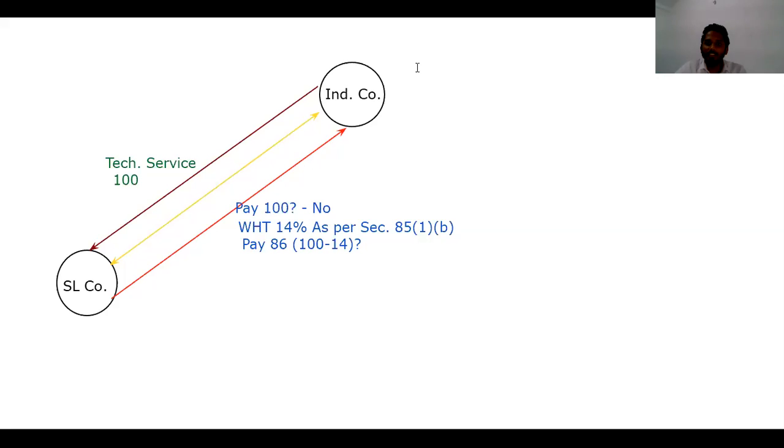Are we paying 86 to India? Because as per section 85(1)(b), we need to deduct on any service fees, technical service. Just a simple question. Just type and say, are we going to pay 86, or are we going to pay a different amount?